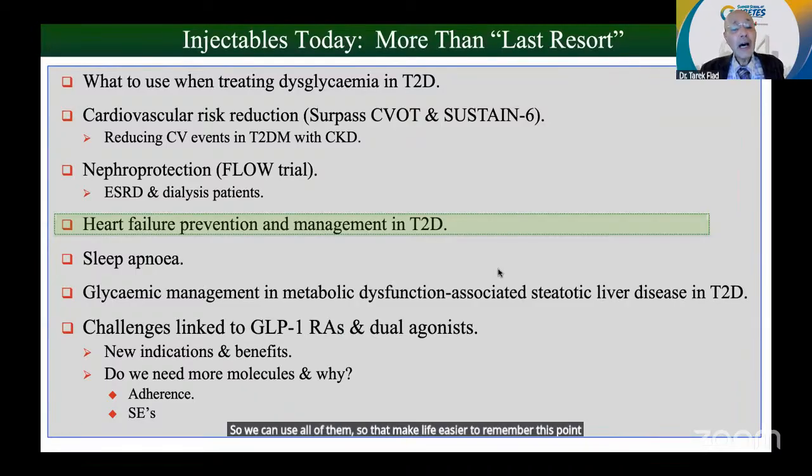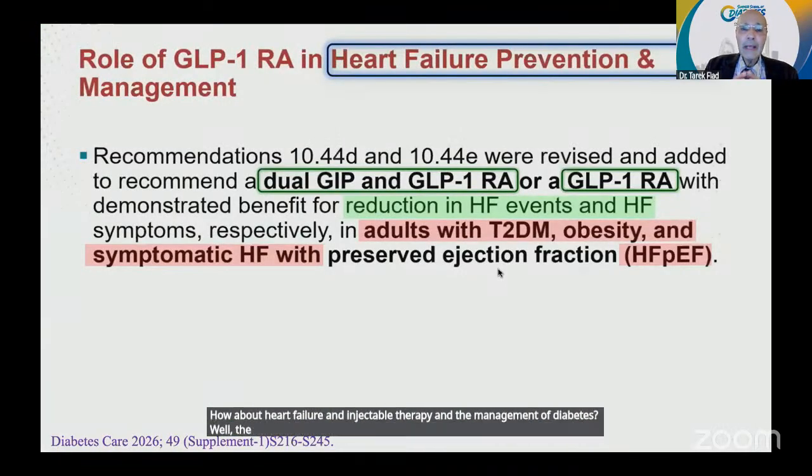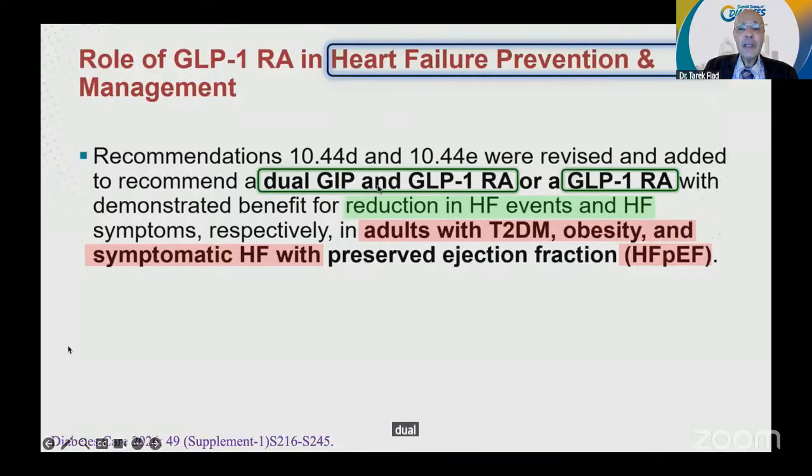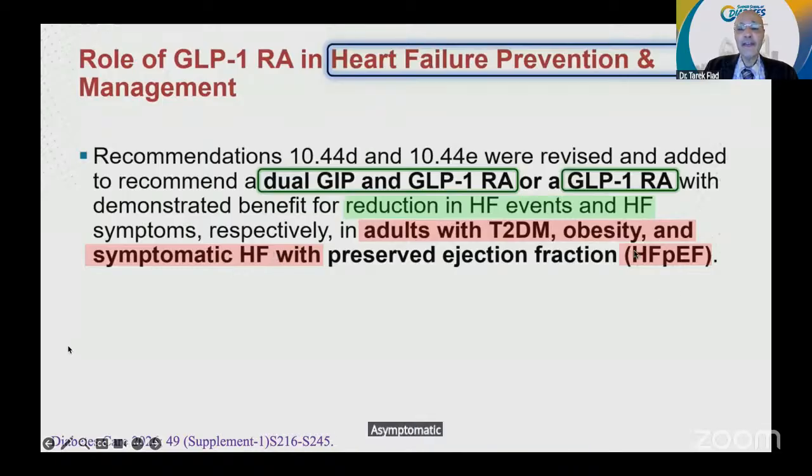How about heart failure and injectable therapy in the management of diabetes? Well, the guidelines from, again, the living document recently changed the language, and it says the following. Dual GIP and GLP receptor agonist, tirzepatide, or GLP receptor agonist with demonstrated benefit for reduction of heart failure events and heart failure symptoms, respectively, in adults with type 2 diabetes, obesity, and symptomatic heart failure, HFpEF.